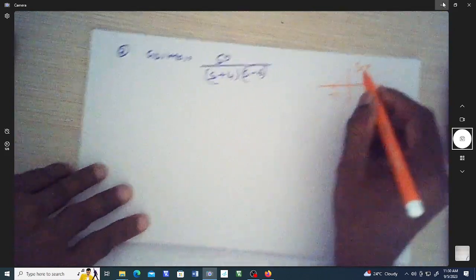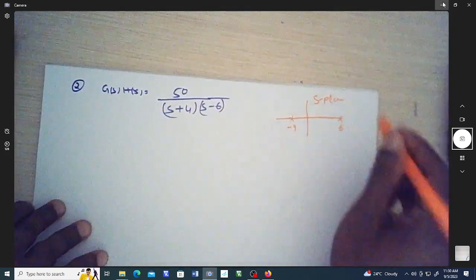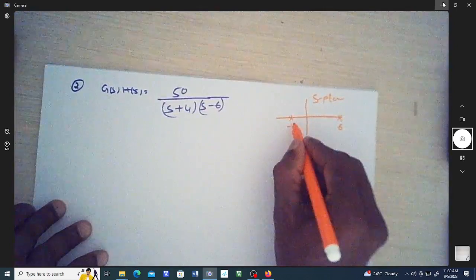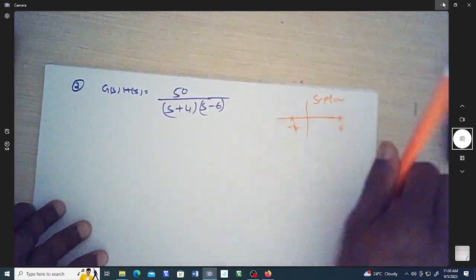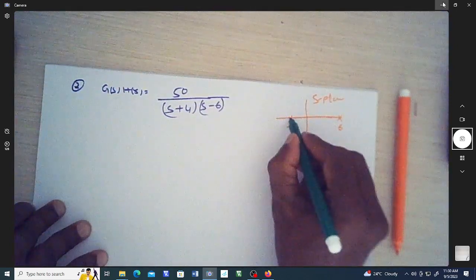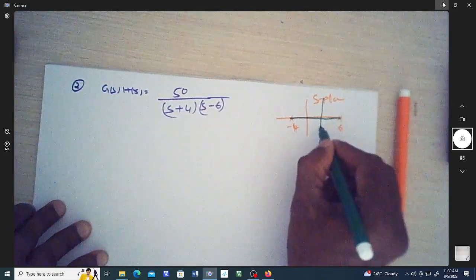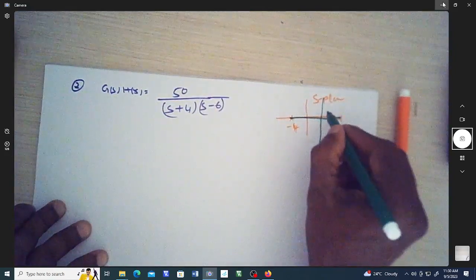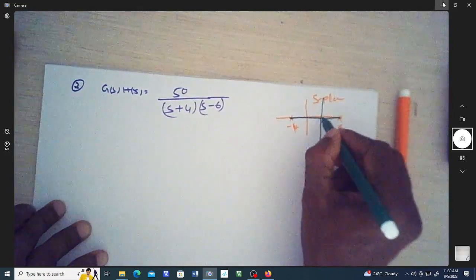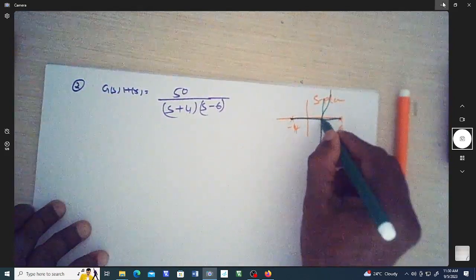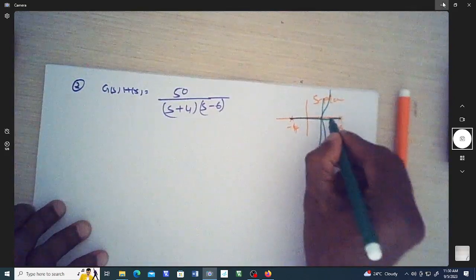This is the S plane, and this is -4, and we are supposed to get a root locus which comes like this, depending on where your centroid and the asymptote are. So it may go like this, or it may go somewhere like this.